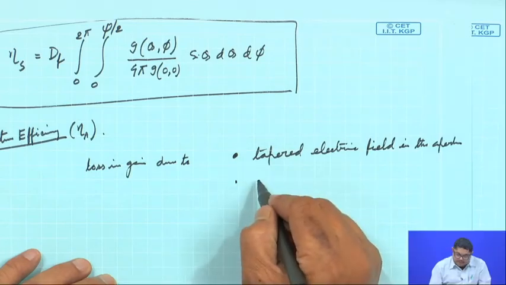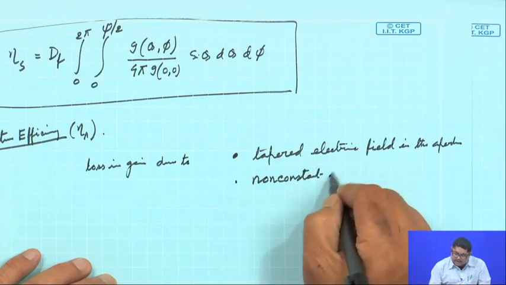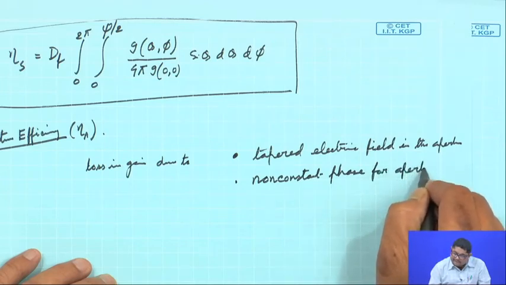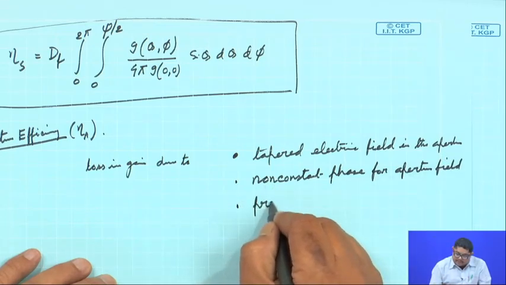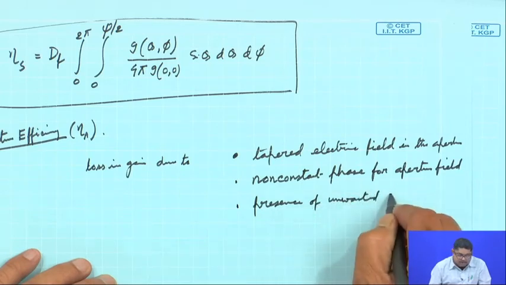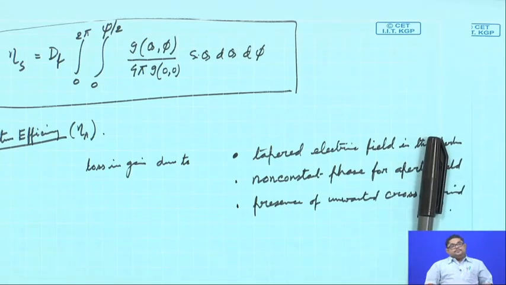Then non-constant phase for the aperture field, and then presence of unwanted cross polarized field.